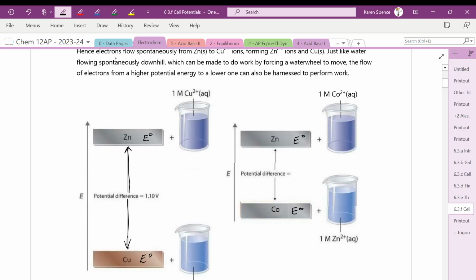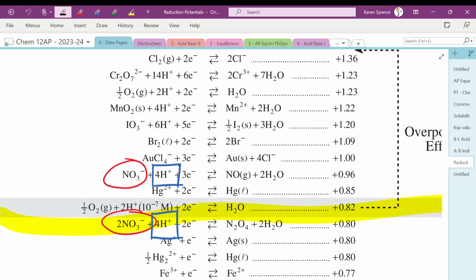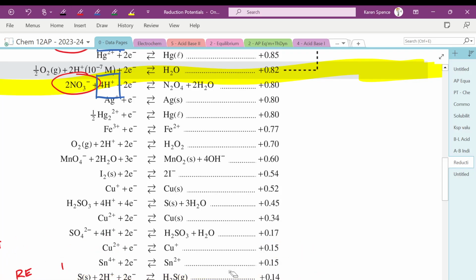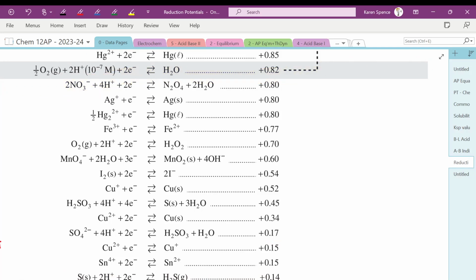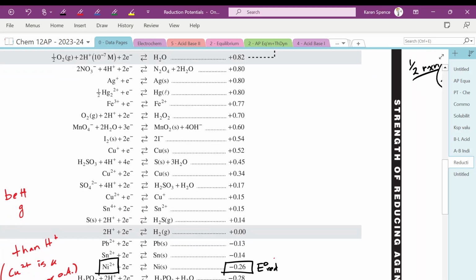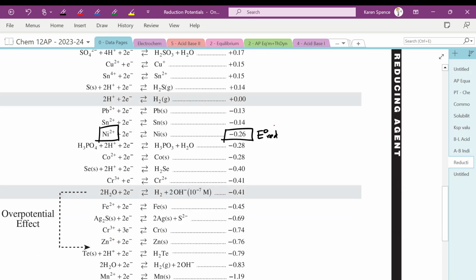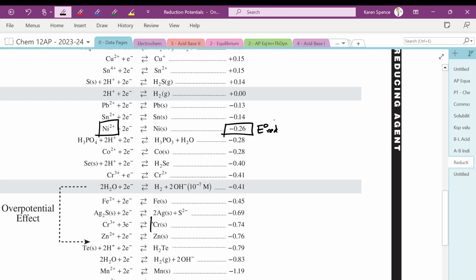So if we were to go to our data pages and I were to say we are going to make a cell with nickel and chromium.